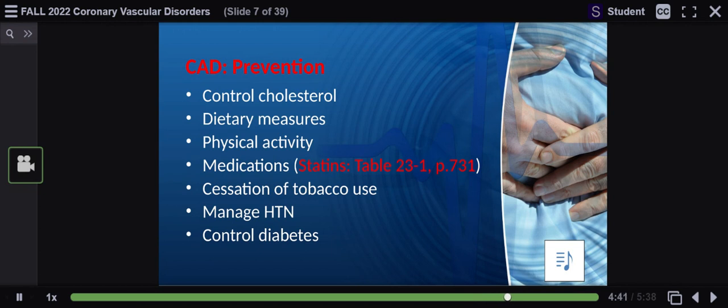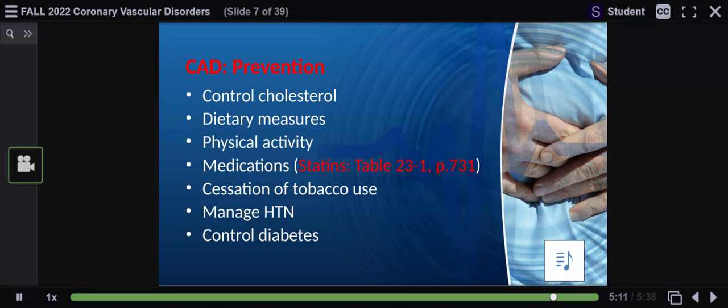So, one, vasoconstrictor, two, increases platelet aggregation, thereby causing clots, and three, oxidation of LDL. Okay. Three, inhalation of smoke increases the blood carbon monoxide level and decreases the supply of oxygen to the myocardium. So remember the balance between myocardial oxygen supply and demand.